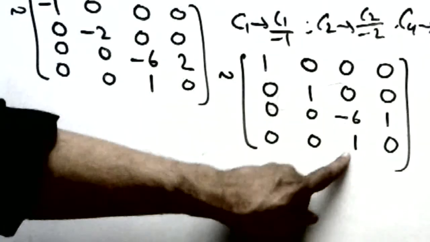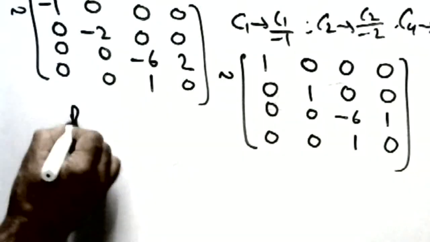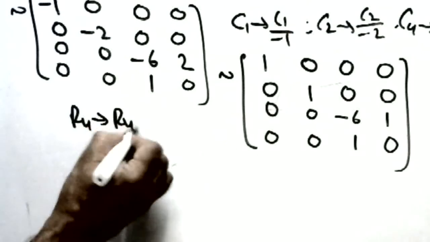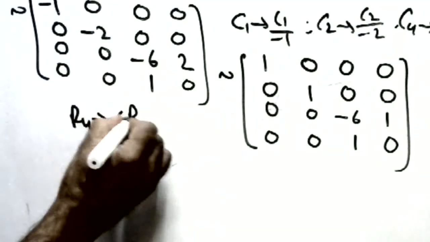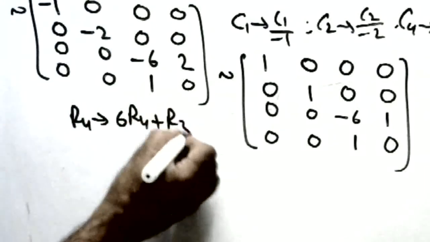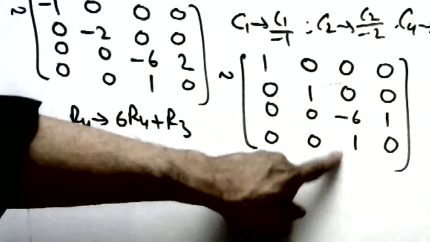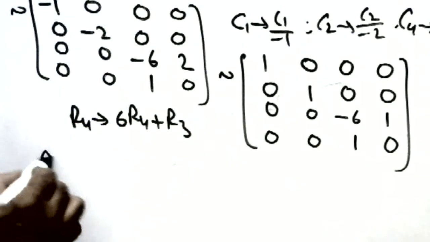Let me make this 0. Okay, multiply with 6. 6 minus 6 will become 0. So R4 implies 6R4 plus R3. 6 ones are 6, so this will become 0.